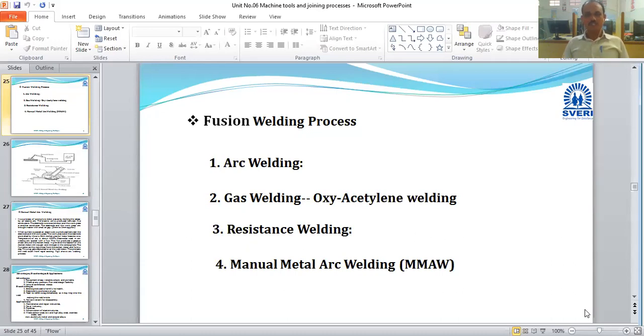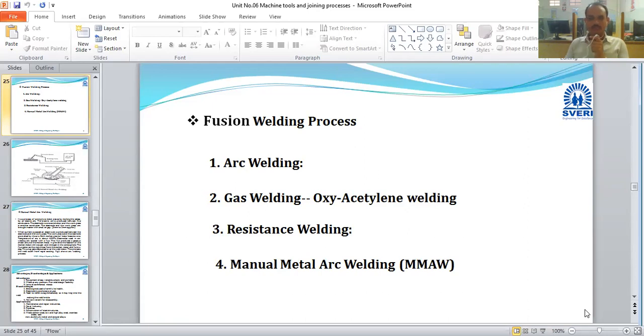Which are those operations? Facing and turning, then threading, knurling, grooving, chamfering, taper turning, plane turning. These are the operations we can perform on the lathe machine.